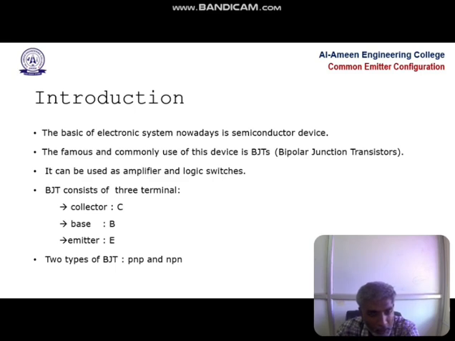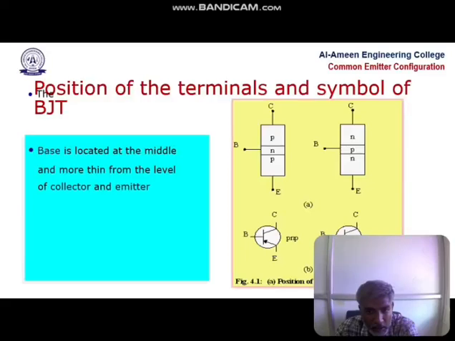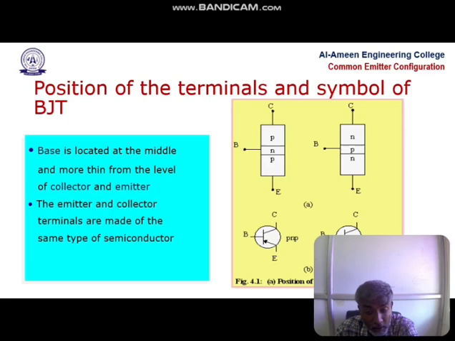As far as the types are concerned, BJT is of two types, PNP and NPN transistor. Based on these types, the transistor terminals will be described. Let us see how these terminals are described in terms of PNP and NPN transistors. In a PNP transistor, the collector is connected to the P type, the base is connected to the N type, and the emitter is connected to the P type.